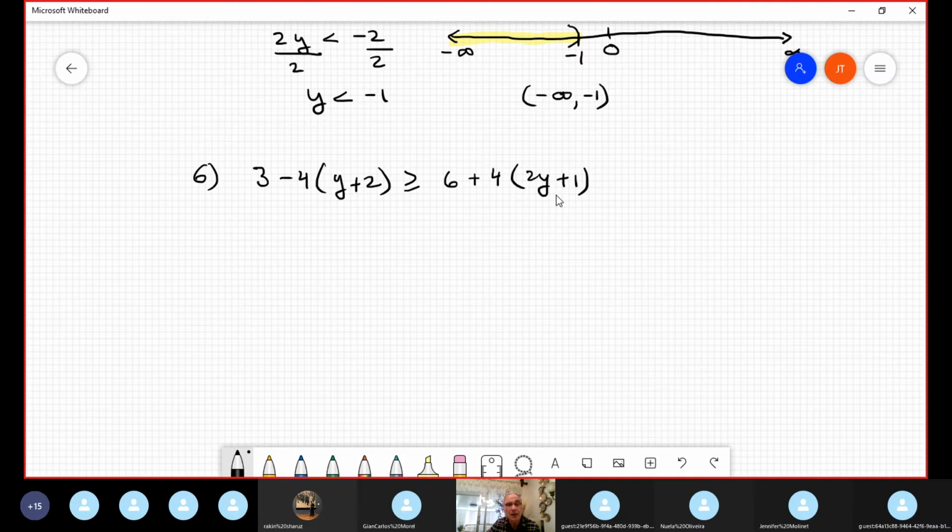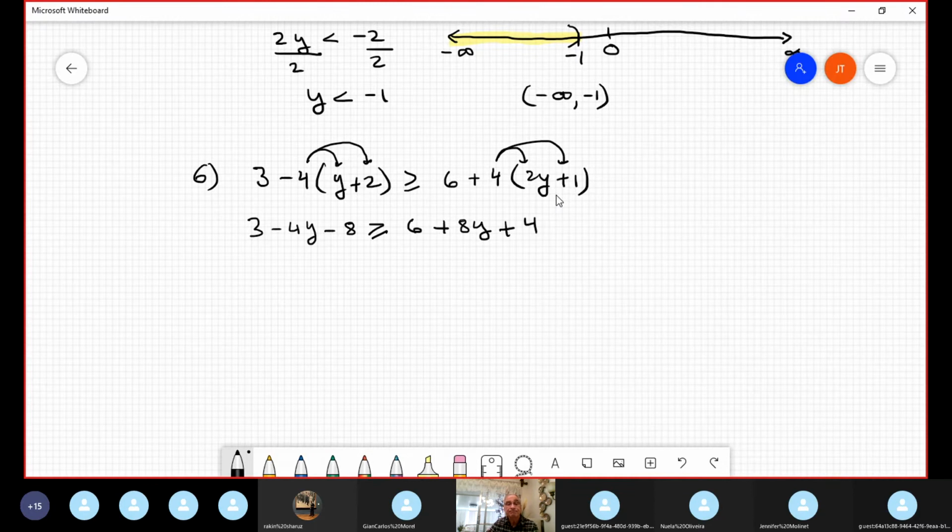Right, Professor. I will remove the parentheses. Multiplying this, it is 3 minus 4y minus 8. 6 stays. I just bring down the multiplication in order to eliminate parentheses. 4y, plus 4.